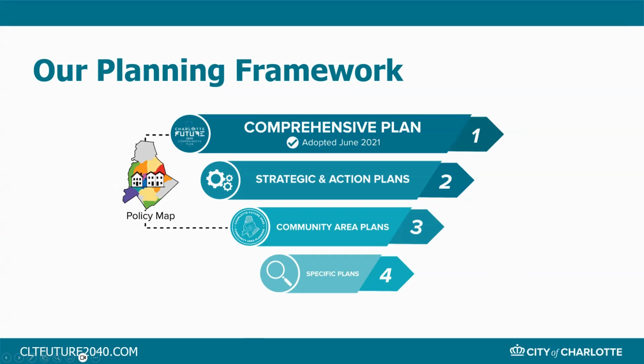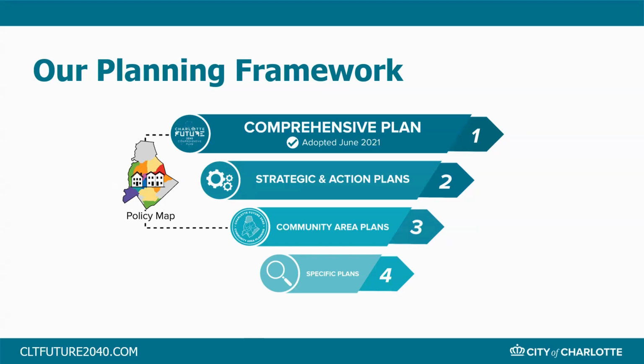For example, Level 2 strategic plans are citywide documents that provide more details than the comprehensive plan on a particular topic. For example, the Strategic Mobility Plan, or SMP, provides more guidance on how to realize Goal 5 in the comprehensive plan, which is creating safe and equitable mobility choices.